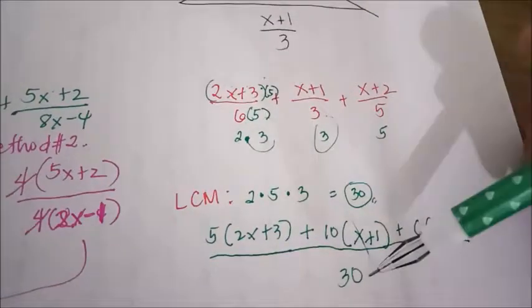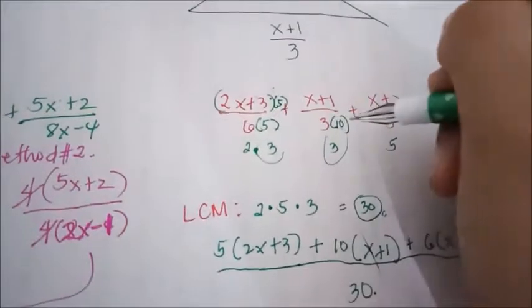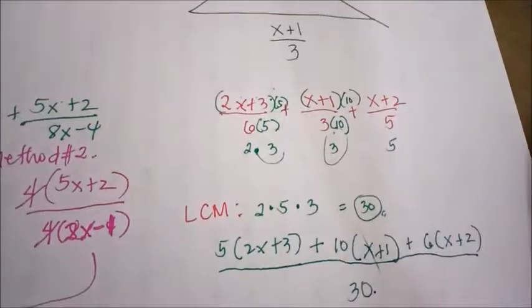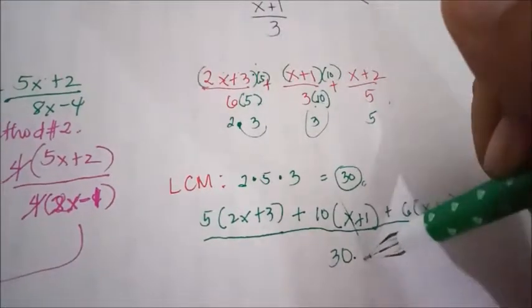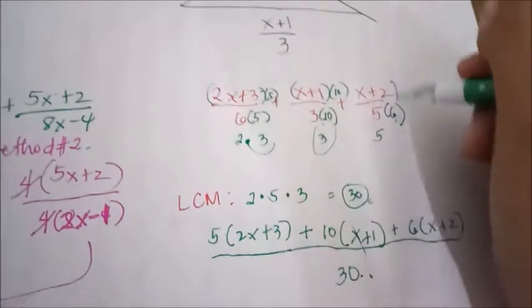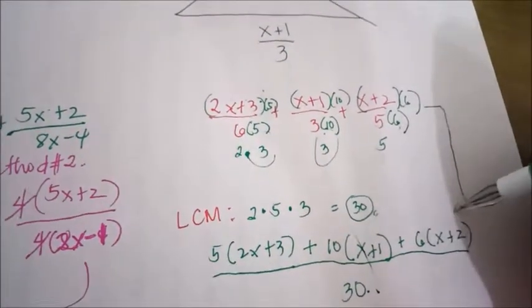Ang 3, para maging 30, ita-times mo sa 10. So, dapat, kung ano times mo dito, ita-times mo rin sa taas. Edi 10 pa rin yan. And ang 5, para maging 30, you have to multiply it by 6. So, kung ito iti-times mo sa 6, kailangan ito ding taas, ita-times mo sa 6. Thus, our statement.